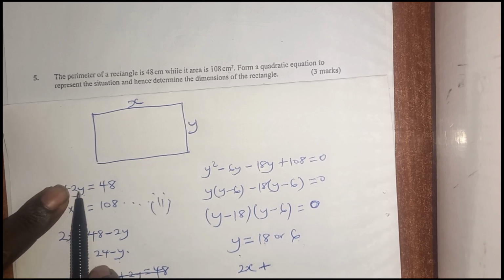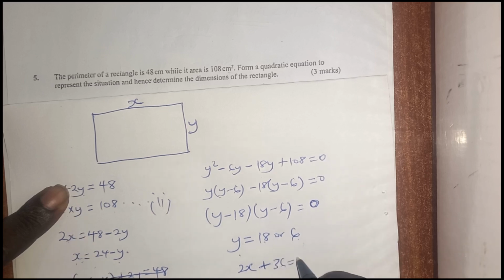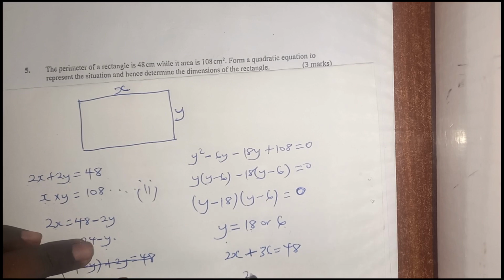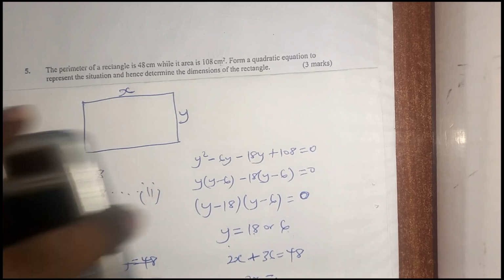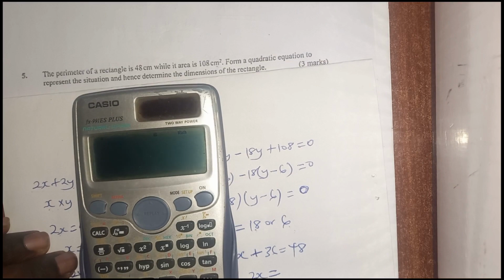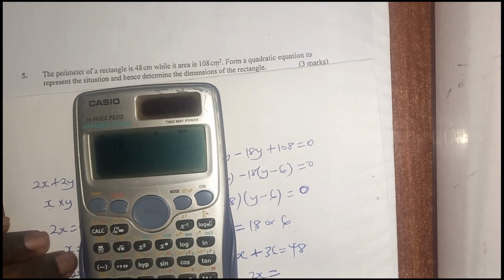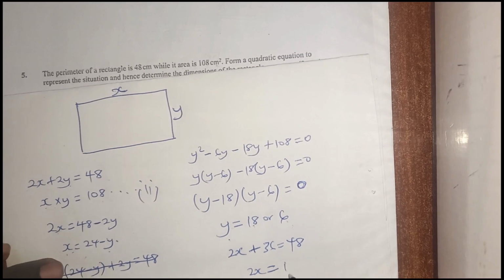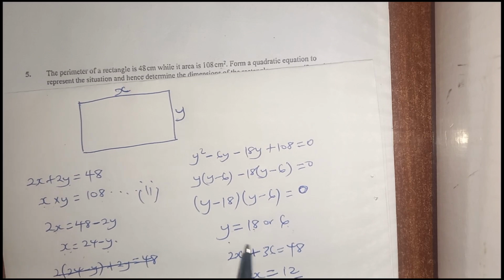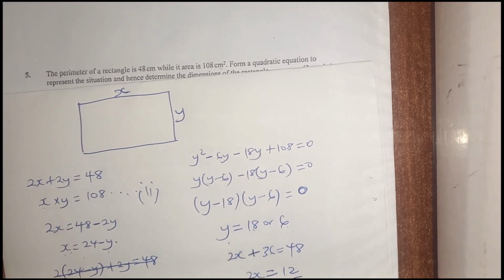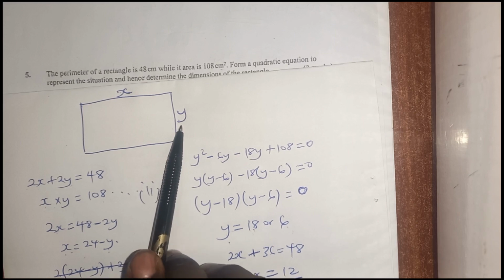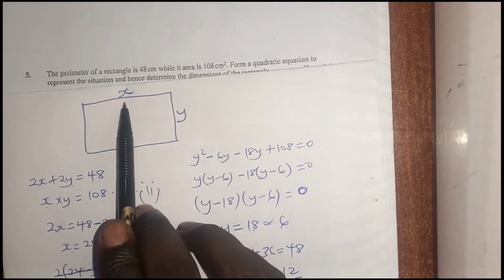So 2 multiplied by 18 is going to be 36. Okay, 36 plus 2x equals 48, so 2x equals 48 minus 36, that gives us 12. I'm so used to the calculator. Divide by 2, so our x is 6. So if our y is 18, our x is 6, but obviously our y is 6, so that our x can be 18.